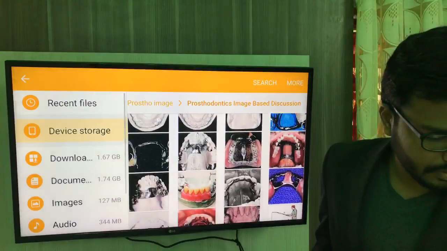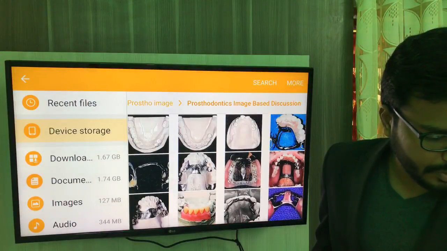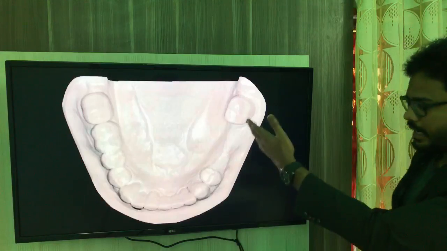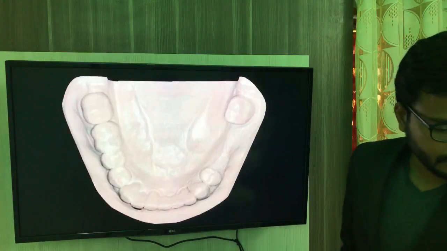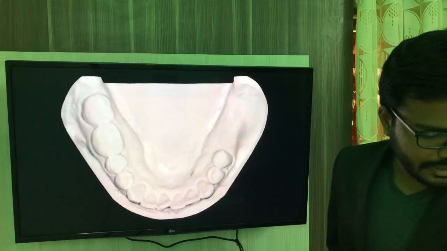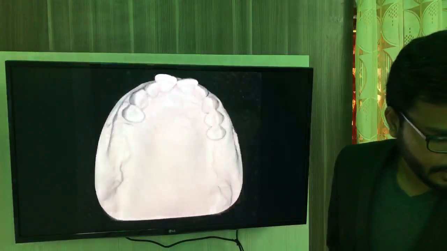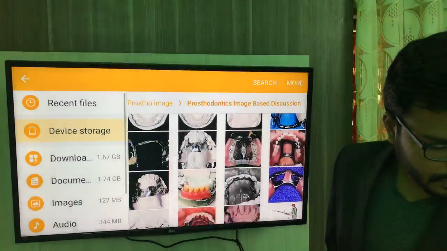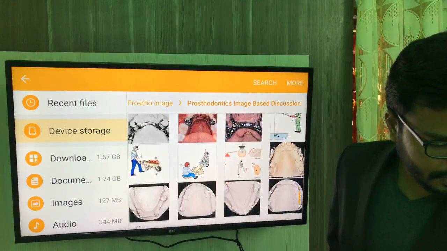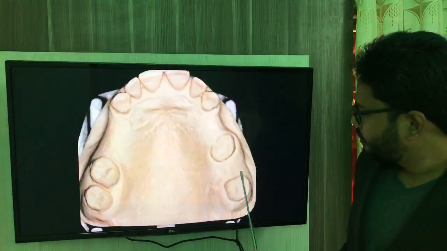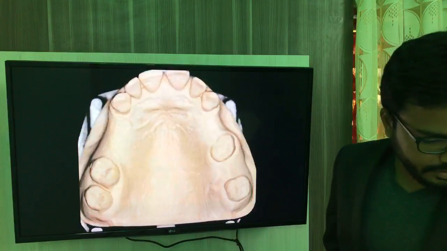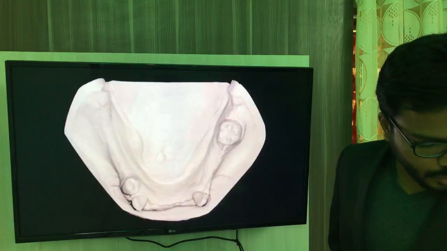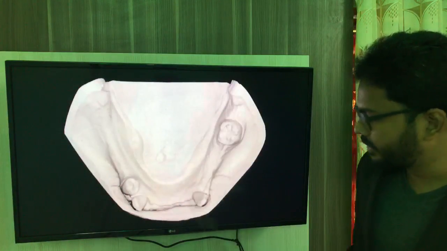Anyways, if you want me to run through these images, I can do it real fast, right? So this is your class 3, and this is your class 2, and bilateral, this is class 1, and this is your class 3 with 2 modifications, and class 2 with 2 modifications.